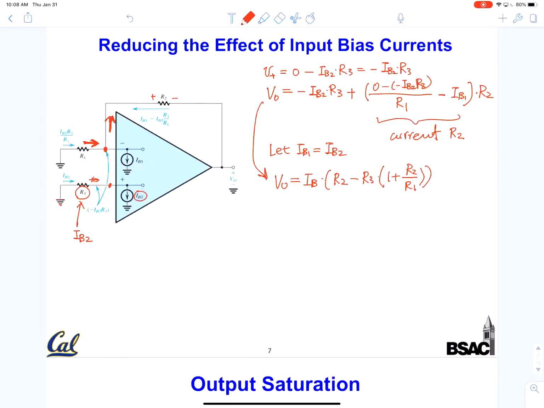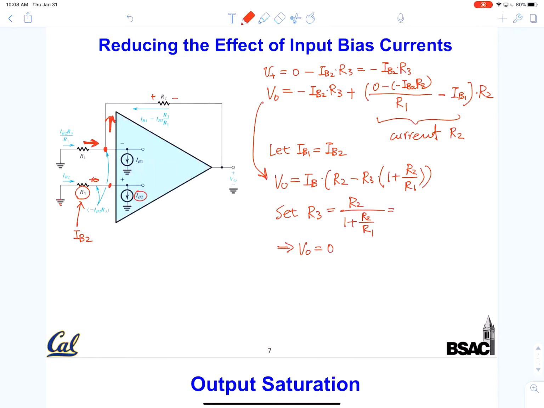Since we added R3, and R3 doesn't really change much of the functionality, we can set R3 to be equal to R2 divided by 1 plus R2 over R1, right? And then VO will be equal to 0. So in other words, we have somehow mitigated this finite input current, okay?